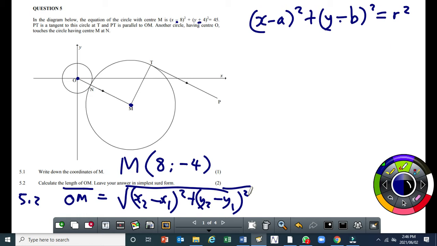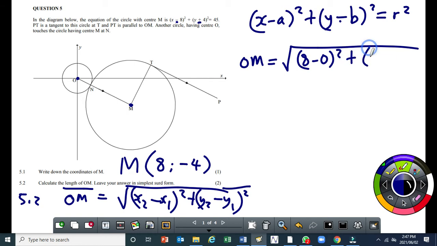Then my x2 is going to be 8, my x1 is going to be 0, my y2 is going to be −4, my y1 will be 0. So OM equals the square root of (8 − 0)² + (−4 − 0)². This will give me 64 and that will give me 16.